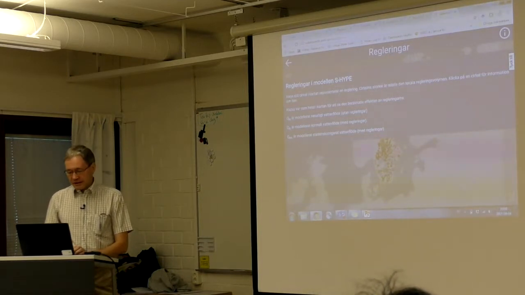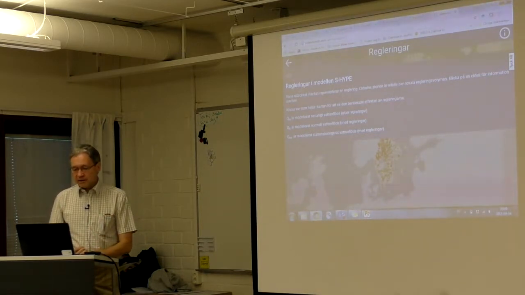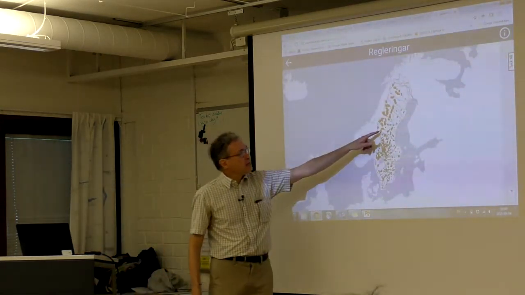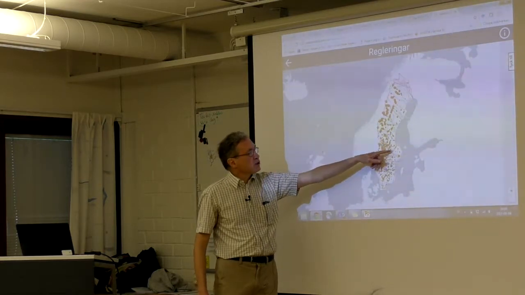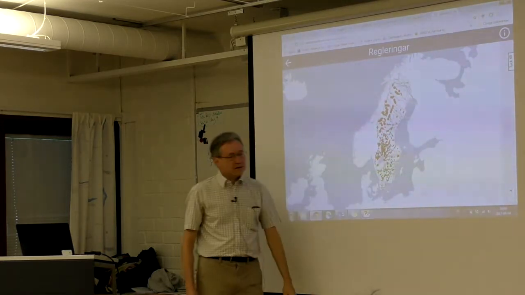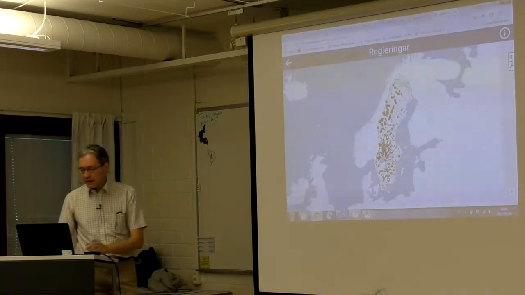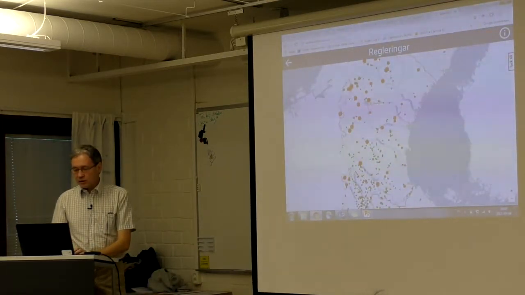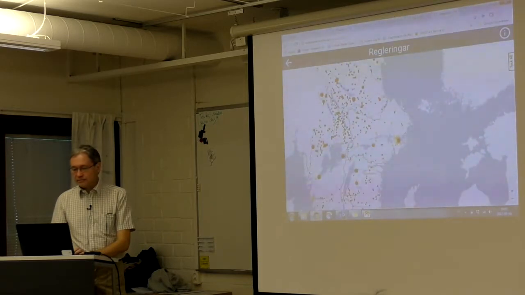So there's a large network of dams. And this shows you all of the major dams as a large circle and smaller dams as a smaller circle.